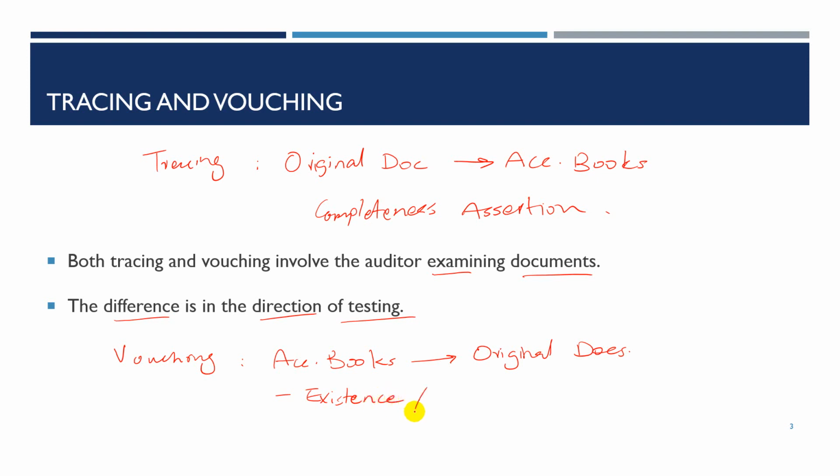Let's do an example. If the auditor is trying to figure out was a sale recorded, the auditor could use tracing. So the very first thing the auditor will try to find is the shipping document. If a purchase of a product was made by a customer, then ultimately this is a physical product.